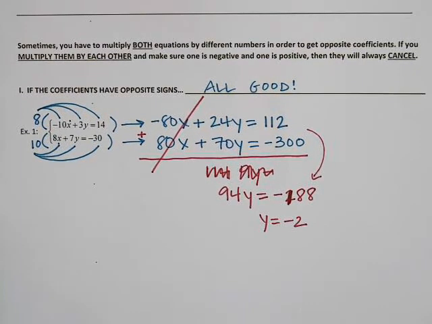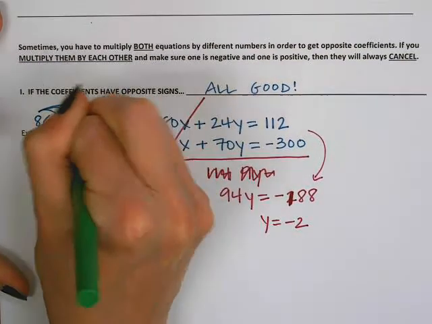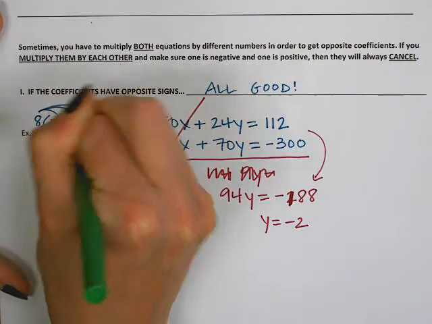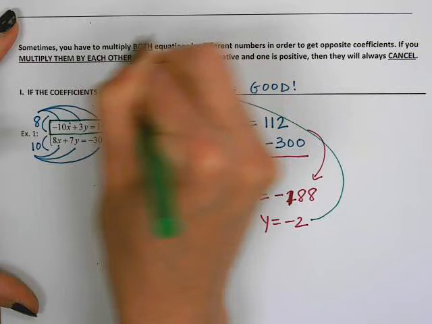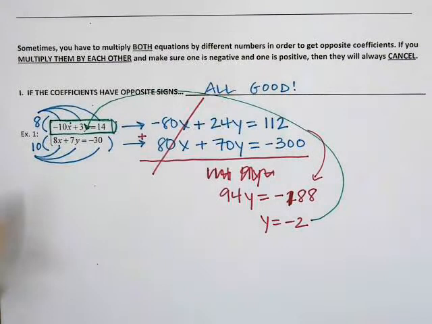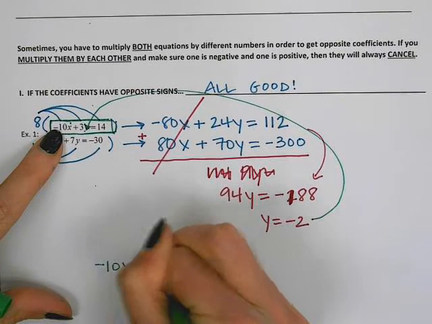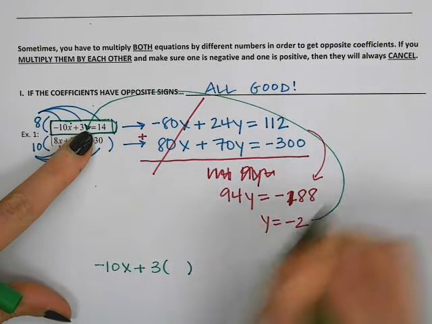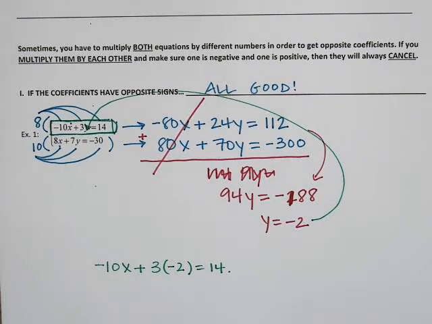Okay, if y is negative 2, then we plug it back into any of the originals. I'm going to do the top original before we did anything, and plug it in for y. So negative 10x plus 3 times negative 2 equals 14. And that's what you solve, just like yesterday.